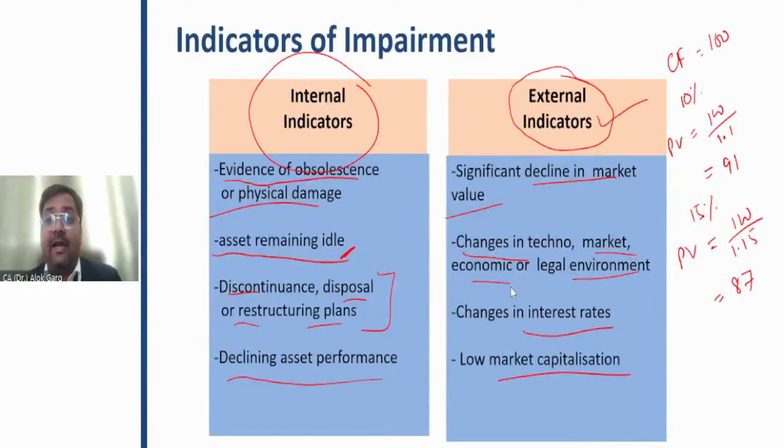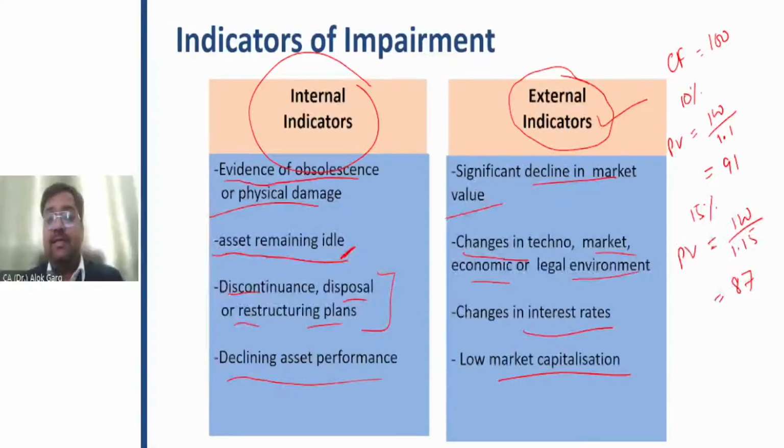So if the value is higher than carrying value, then you are not required to do anything. Your carrying value will be good to continue, right? But if the recoverable value is lower than the carrying value, in that case, you need to do the correction. Means you need to decline your carrying value to the extent of recoverable value and you have to charge the impairment loss.